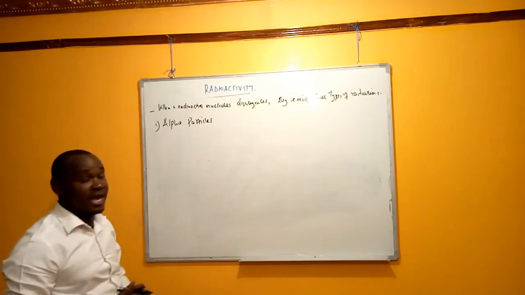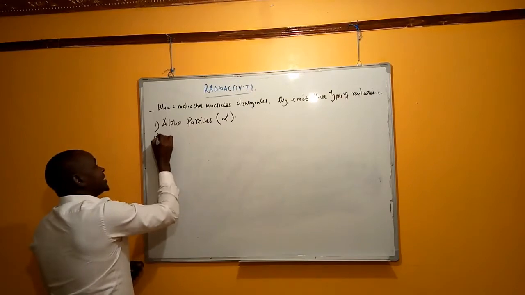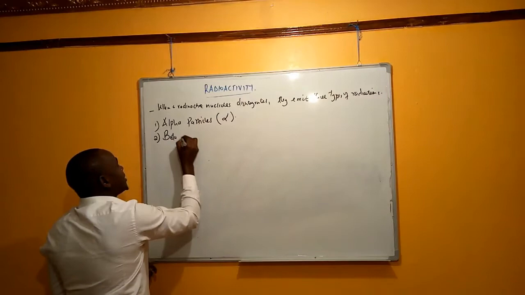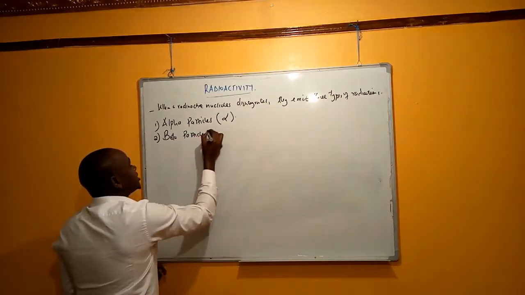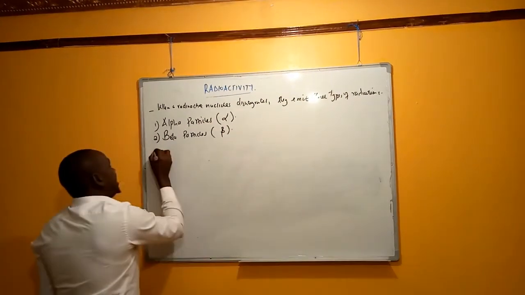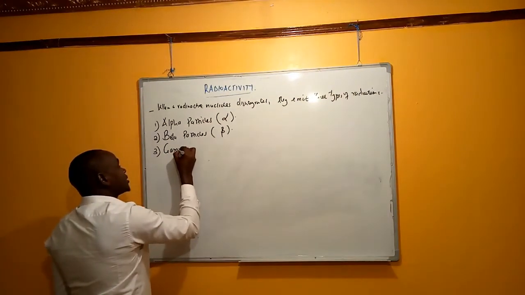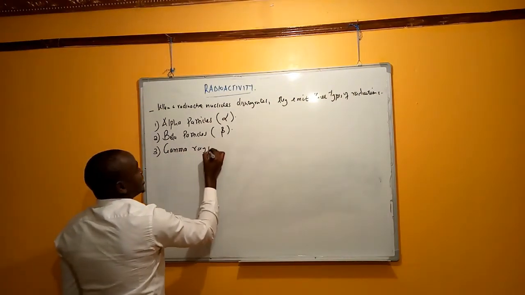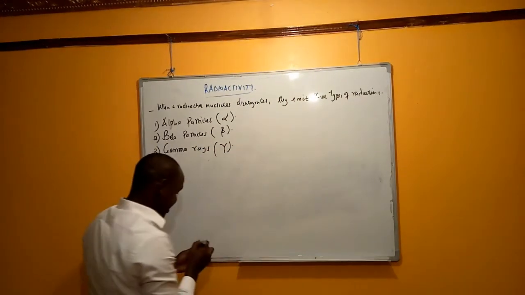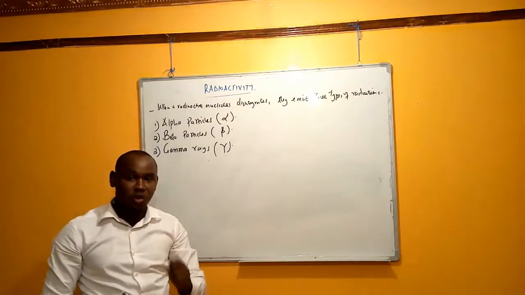So it's alpha particles, and it is denoted by a Greek letter alpha. The second type of radiation that is emitted is called beta particles, and it is denoted by a Greek letter beta. And the third type of radiation that is emitted is called gamma. Call them gamma rays, and it is denoted by a Greek letter gamma. Those are the three types of radiations that are emitted when a radioactive nuclide disintegrates.